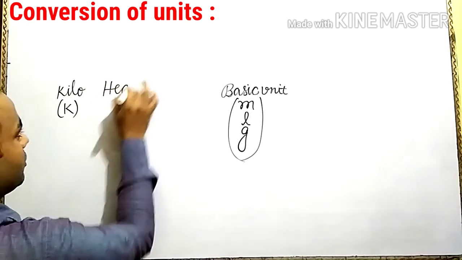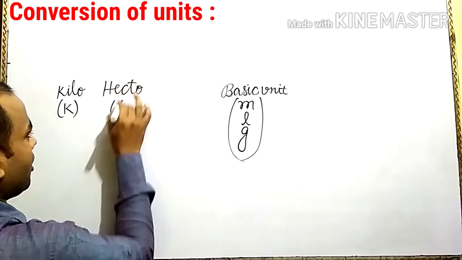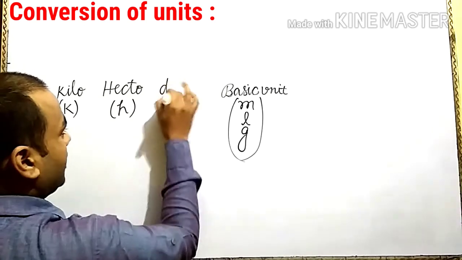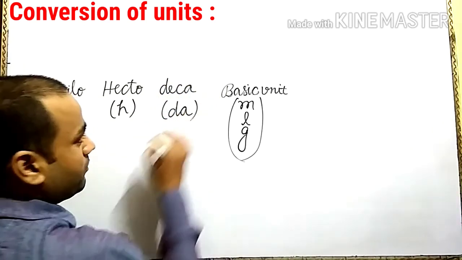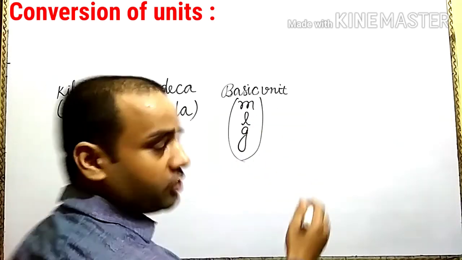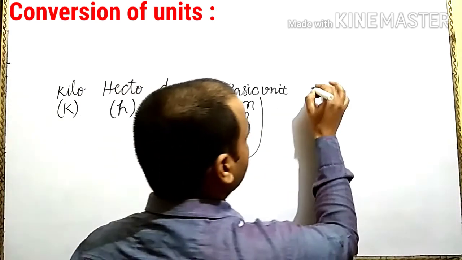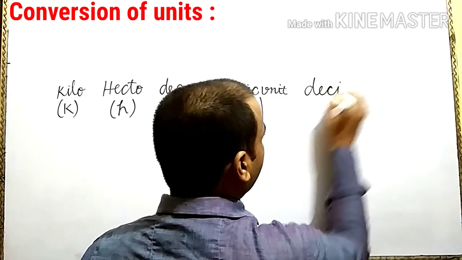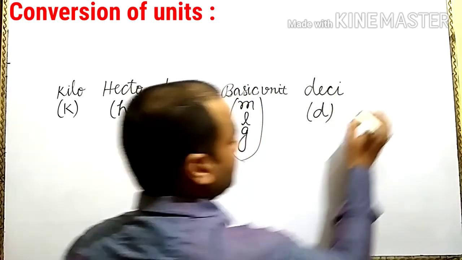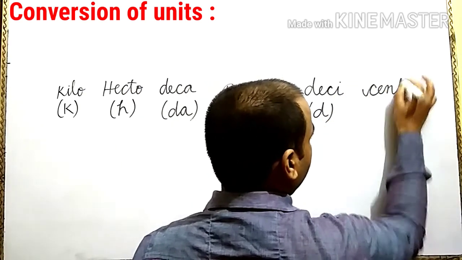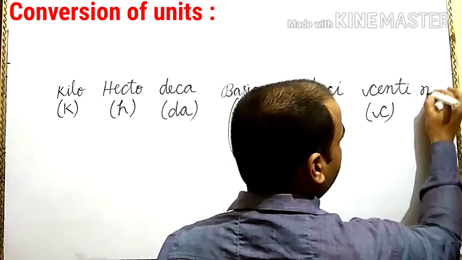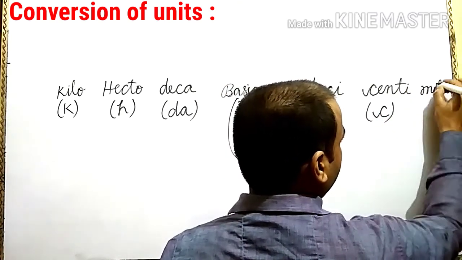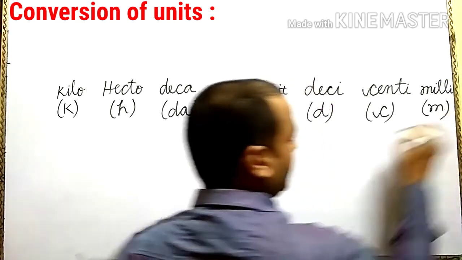Next hecto denoted by a small h. Next deca denoted by da. And after basic unit write the unit deci denoted by a small d. Centi denoted by a small c. And last milli denoted by a small m.